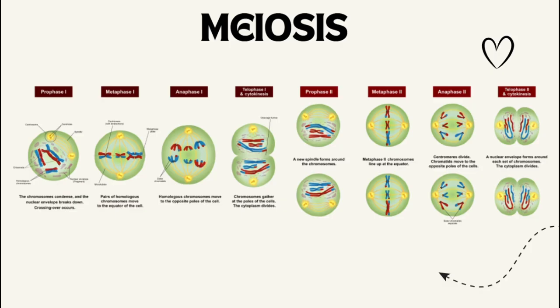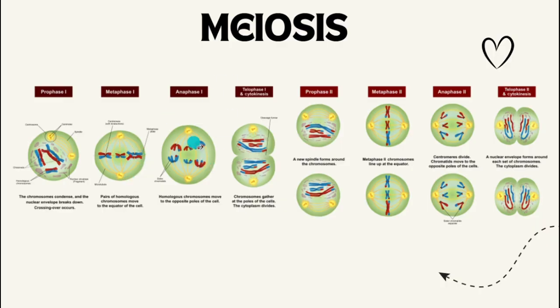I'll soon tell you what the other one is, and it's within these steps. So in metaphase, they line up at the equator, the spindle fibers extend and attach to the kinetochores on the centromere, right?